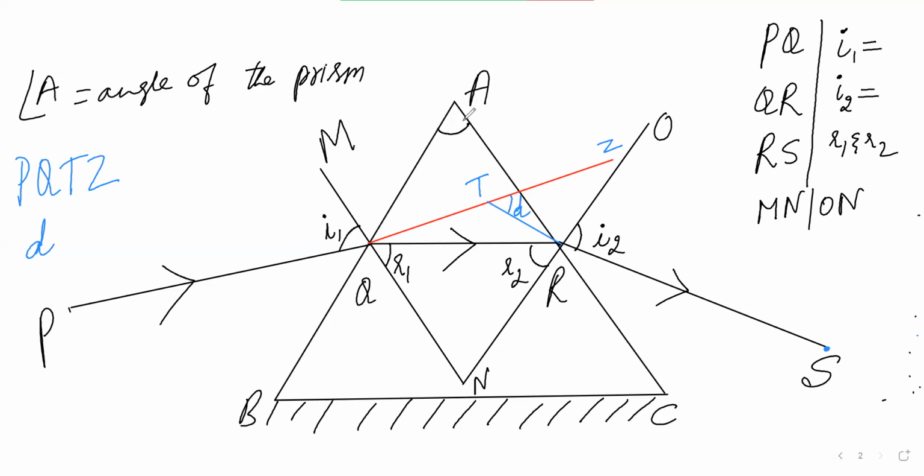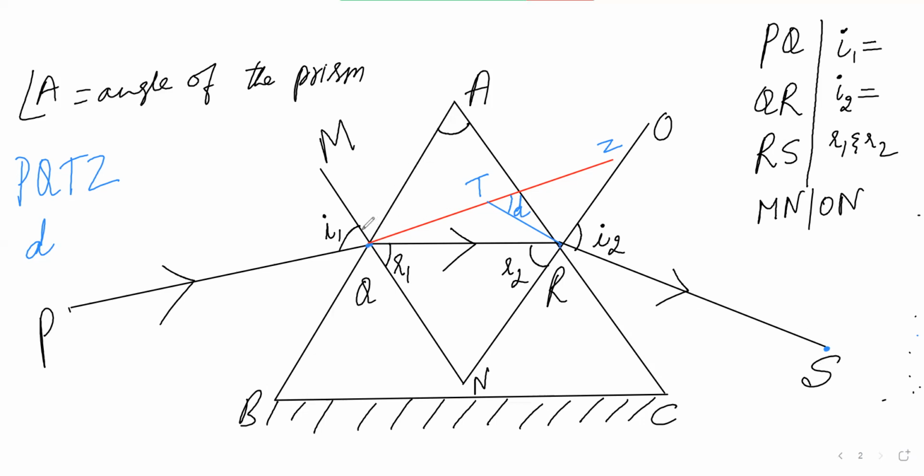So A is the angle of the prism, BC is the base, AB and AC are the refracting surfaces, PQ is the incident ray, QR is the refracted ray, RS is the emergent ray. PQT is the path the light is supposed to travel in the absence of the prism. Due to the presence of the prism, light is getting deviated here, going via QR and coming out as RS.